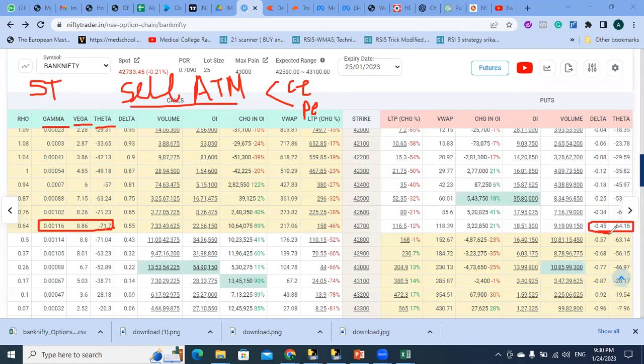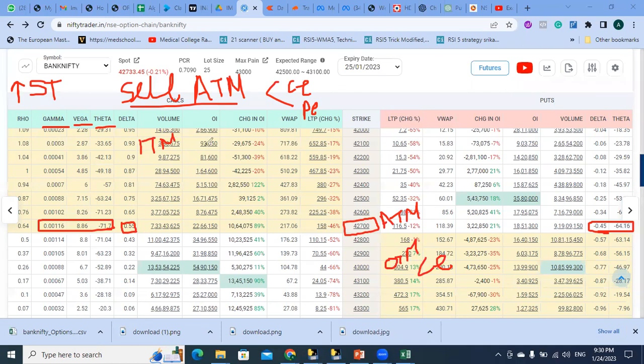Vega is related to volatility. So what will happen? If volatility increases, the premiums will also increase. But like we saw in delta, the price change is not happening equally in all the options. It is happening more in the money, less at the money, and least at out of the money call options.